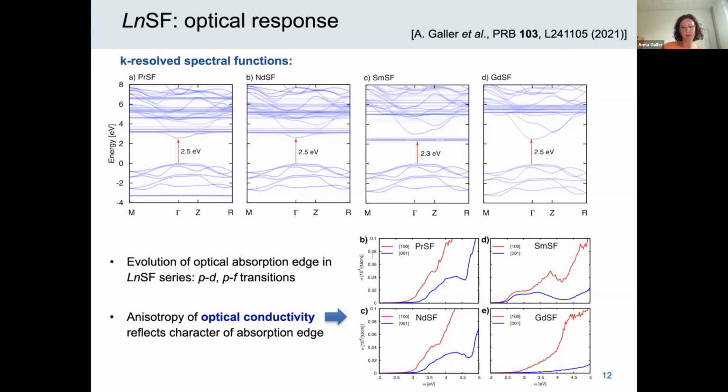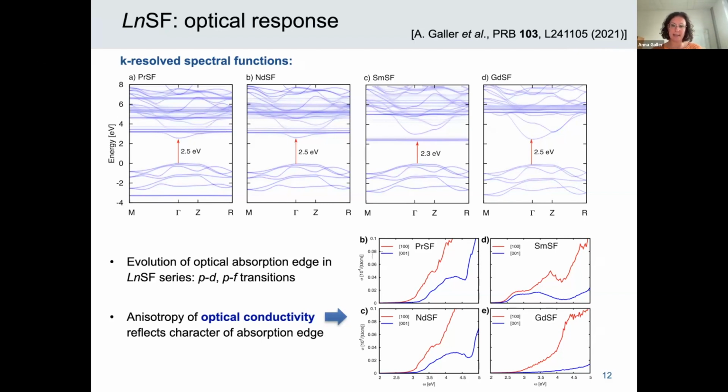And it is resolved into contributions. So red is for linearly polarized light in the 100 crystallographic direction, while blue is for the 001 crystallographic direction.